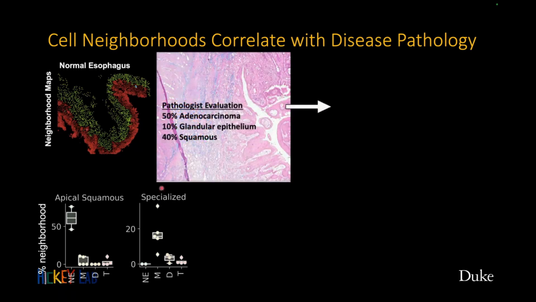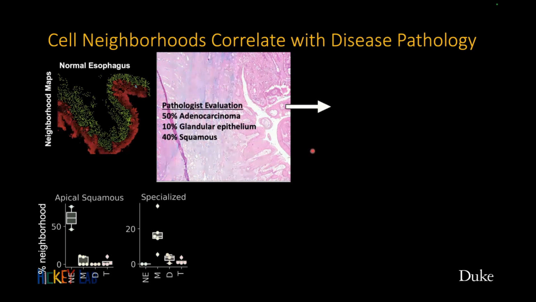But what you can notice is that each sample is fairly heterogeneous and there's a lot of variance. And that's because even within one sample, you can find many different types of epithelium where you can find maybe 50% cancer, 10% glandular, and 40% even normal epithelial.